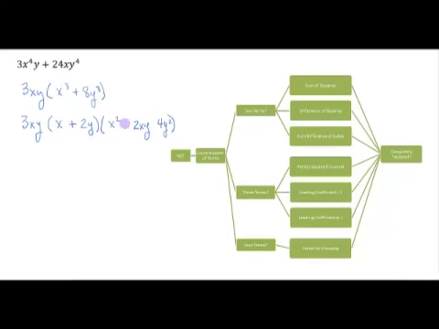Same, opposite, and always positive. Now we check, is it completely factored? Well, we can't factor this any further, and we know that the trinomial that results from factoring a sum or difference of cubes is always prime. So we are completely factored here.